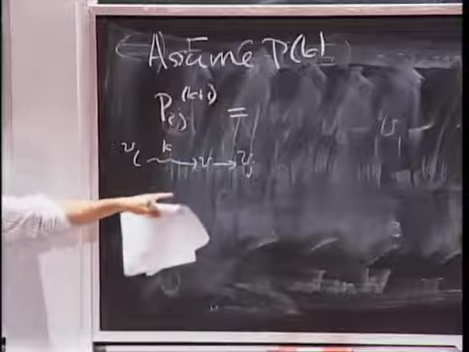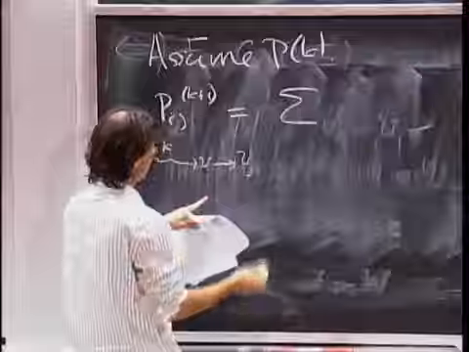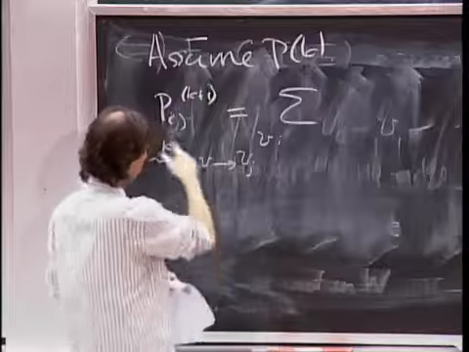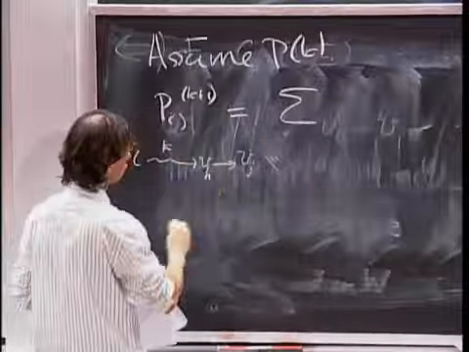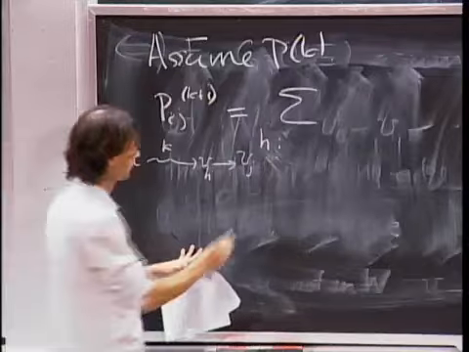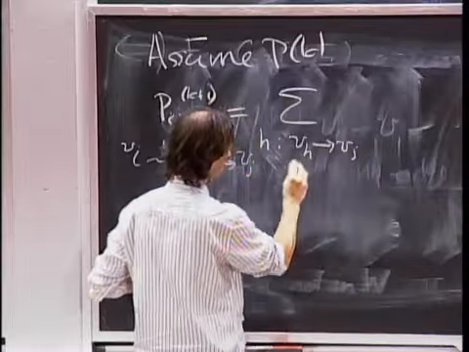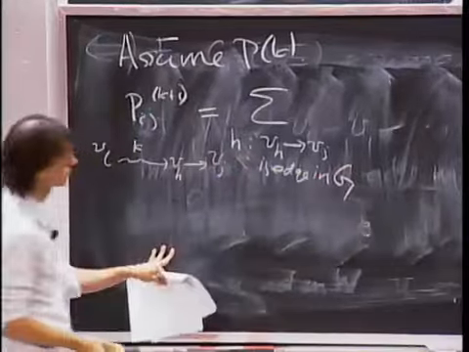So let's write this down, because v can be anything. So what we do is we have a sum over all the v's, such that, well, we will use indices here. So let me do that a little bit differently. So let's say I have an h over here. So all the indices h, such that v_h to v_j is actually an edge in G.